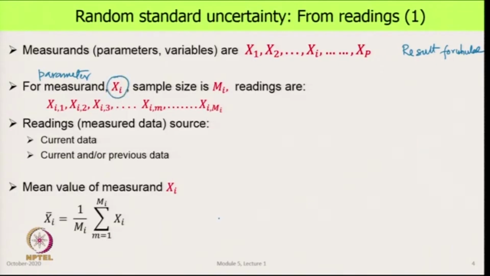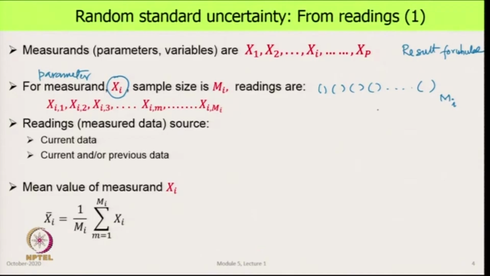and we say that we made so many measurements of this particular parameter. This could be pressure, temperature, flow rate, pH, humidity, whatever, and that set of all those observations forms a sample in the context of statistics, and these are m_i in number.